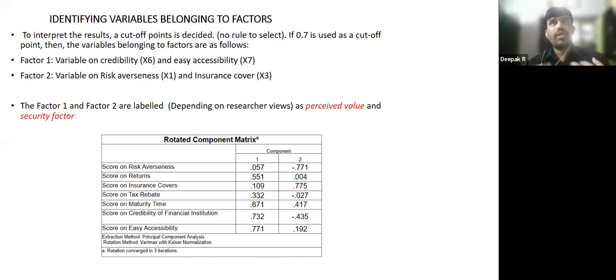If I want to say who are the investors who would like to invest in stocks, yes or no, since it is discrete data, I can go for a classification based method wherein I use these factors.